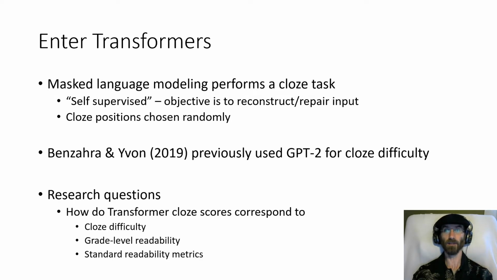One of the main questions for this talk and this paper is: how do transformer Cloze scores, which more closely align with the human Cloze task, actually align with Cloze difficulty for human subjects data collection, grade level readability, and then standard readability metrics? That's what we're going to be looking at.